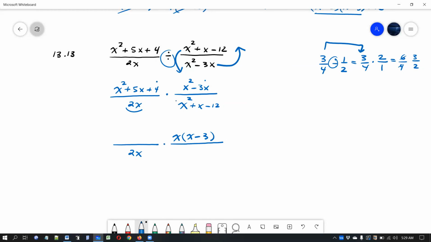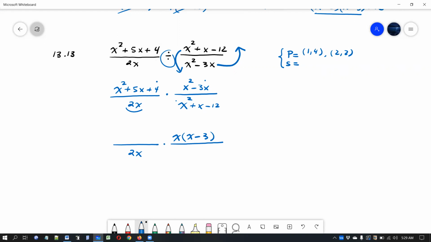These two now are trinomials with leading coefficient 1. So I'm going to do them on the side right here. And again, like I said, you will have to remember how to factor these things. So for the x squared plus 5x plus 4, I will need a product that's equal to 4. So either 1 and 4 or 2 and 2, one of the two.